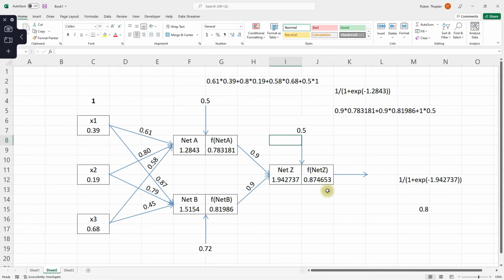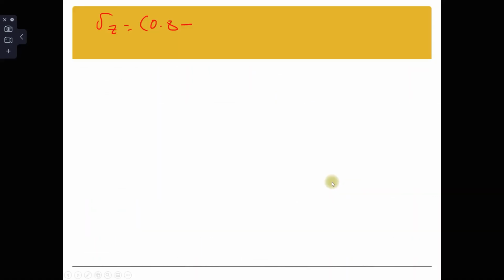This is what you obtain, 0.874653. Remember, tz minus oz times oz times 1 minus oz. So oz is 0.874653, multiplied by 1 minus oz, 0.874653. This is what you need to do.